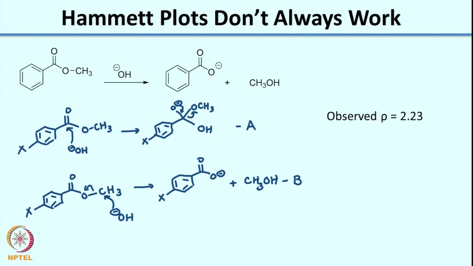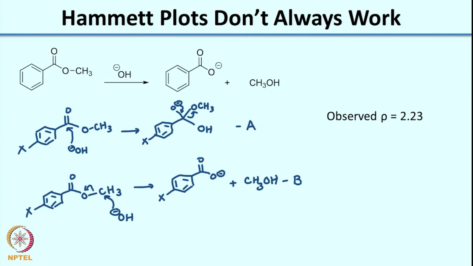Both of these are not in conjugation with the aromatic ring. Both of these lead to a scenario where if you have electron withdrawing substituents, they will stabilize the intermediate. So, now based on the sign as well as the magnitude, I am not able to distinguish between any of these mechanisms.